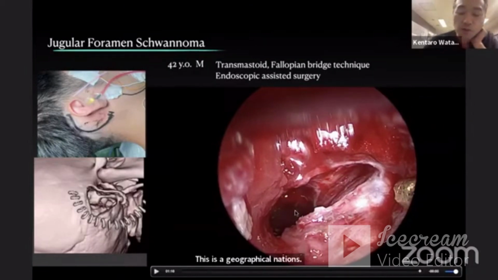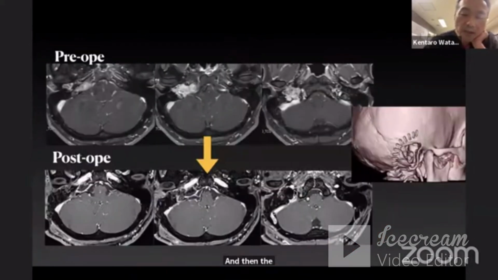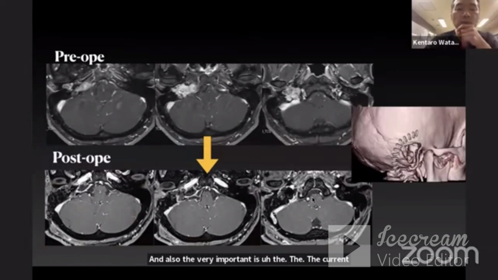After removing the tumor, we can check the neural monitoring, and the nerve function is preserved. So the tumor was removed. Also very important, the carotid artery is very close around here, so we have to preserve the carotid artery also.